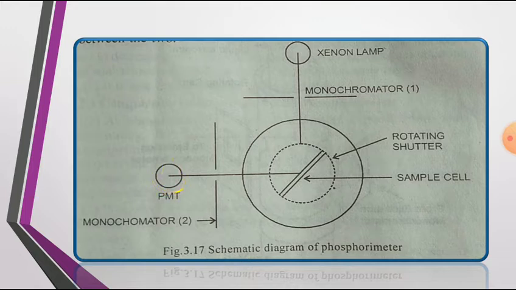The detector will detect that light. So this is the simple schematic diagram of the phosphorimeter.